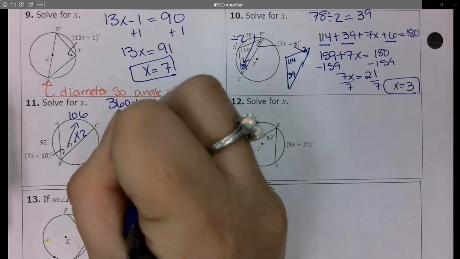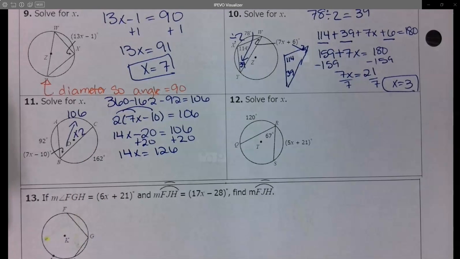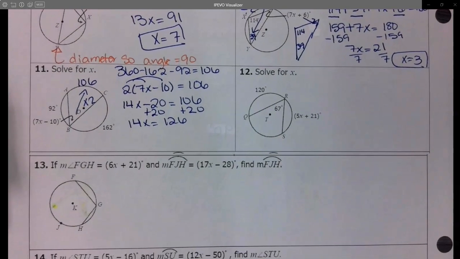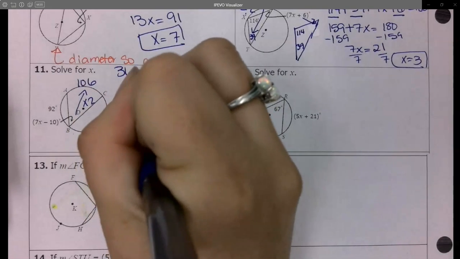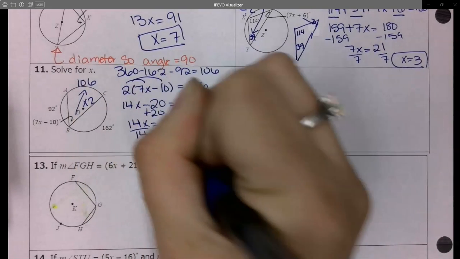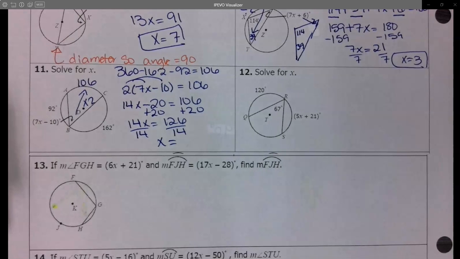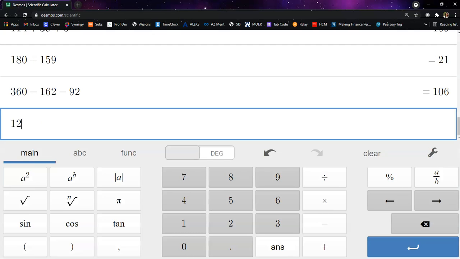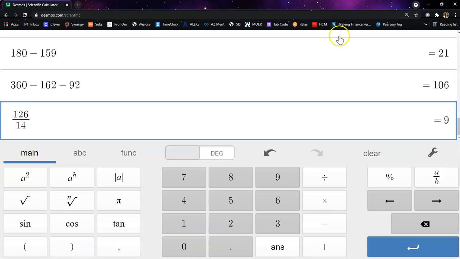This gets me 14x equals 126. Then I want to go ahead and divide both sides by 14. So I'm going to go to decimals, which gets me 9.